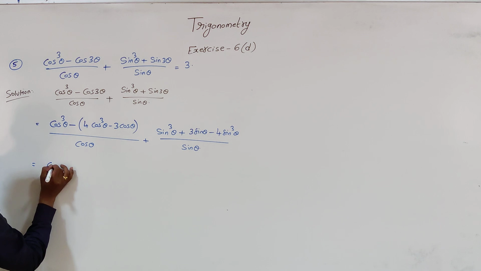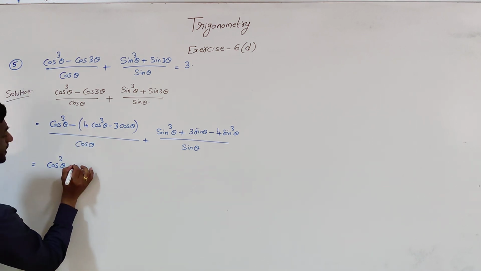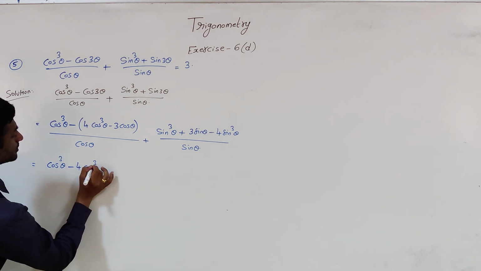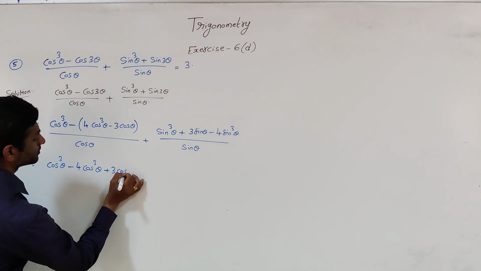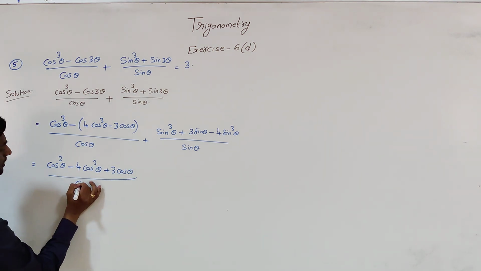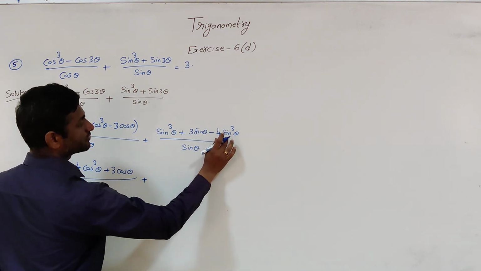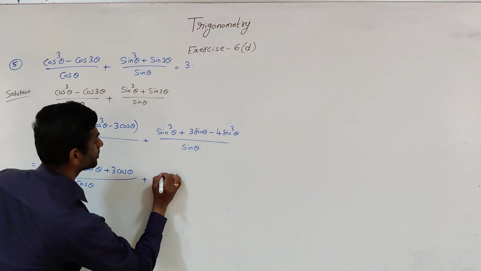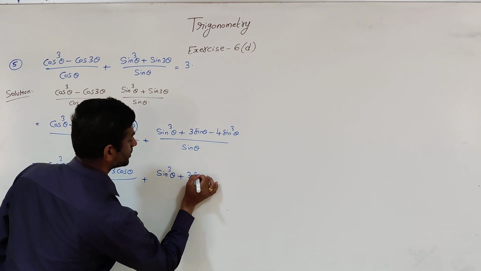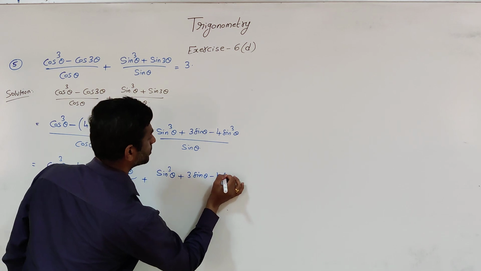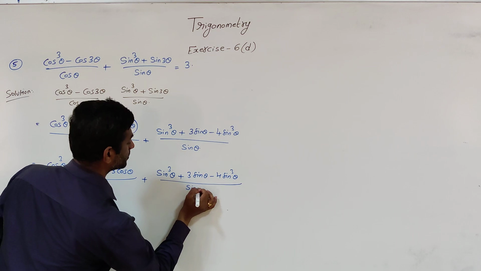So cos cube theta minus 4 cos cube theta will be minus 4 cos cube theta, and minus into minus becomes plus 3 cos theta, by cos theta, plus sin cube theta plus 3 sin theta minus 4 sin cube theta, by sin theta.